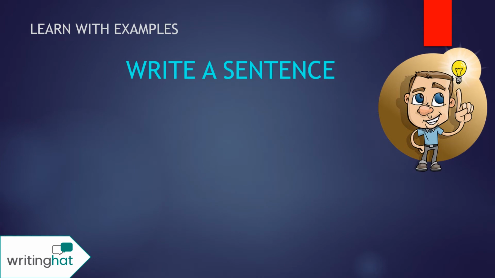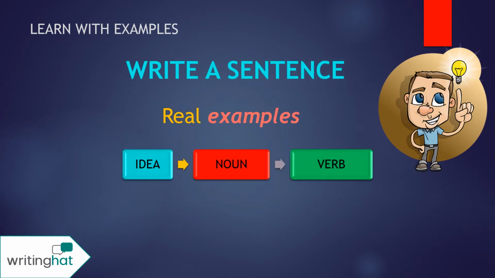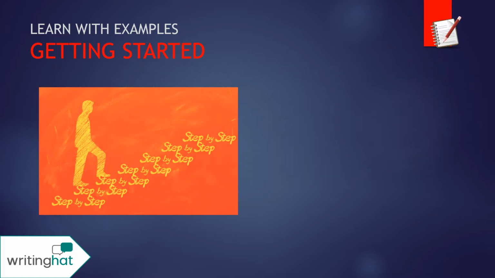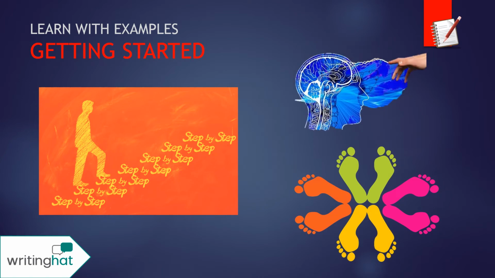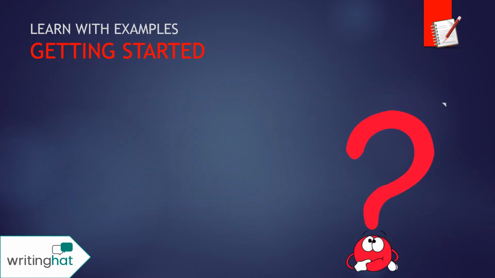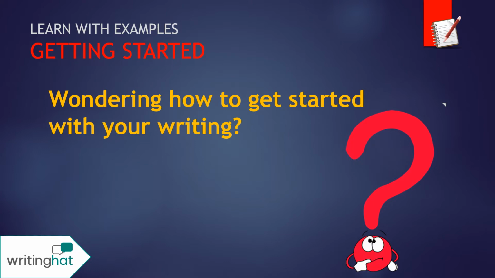In this lesson, we're going to go over 3 easy ways to write a sentence using real examples. We're going to help you get started in little steps, breaking down the concept to make it very easy for you to understand. This way, you'll have a clear structure to what you're learning. So how do you actually get started with writing?